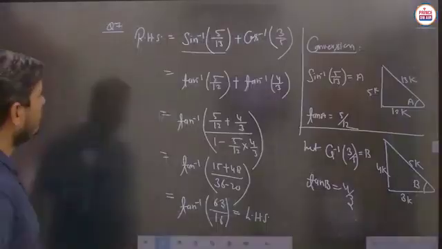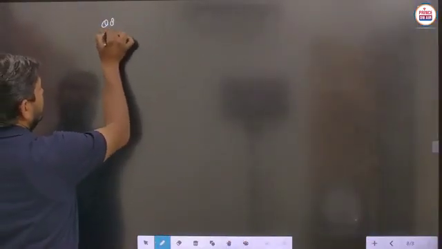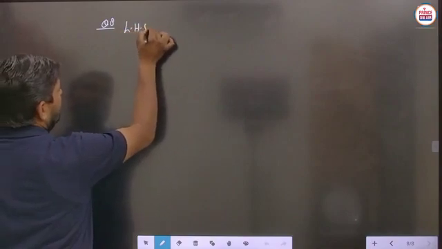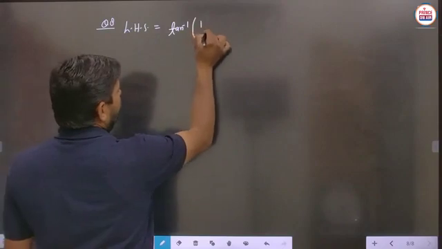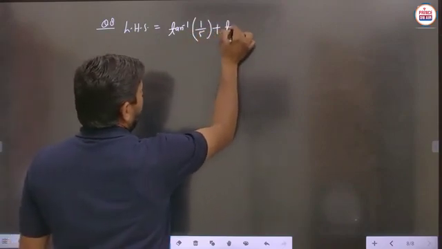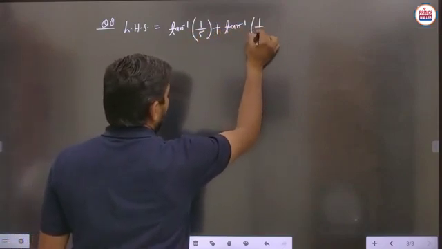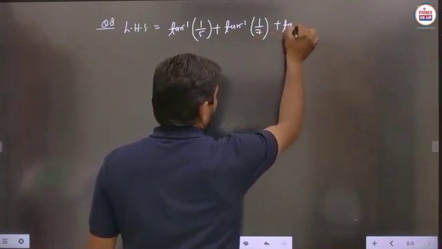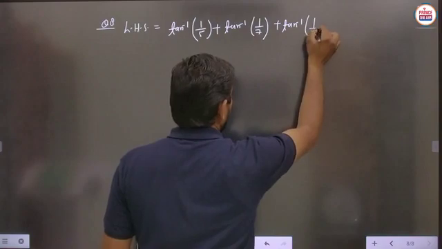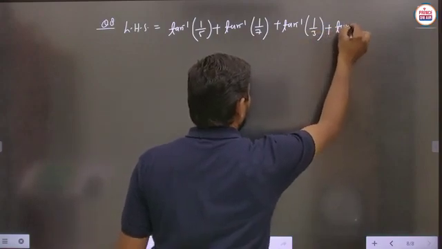So we take the left hand side of this question number 8: tan inverse 1 by 5, plus tan inverse 1 by 7, plus tan inverse 1 by 3, plus tan inverse 1 by 8.